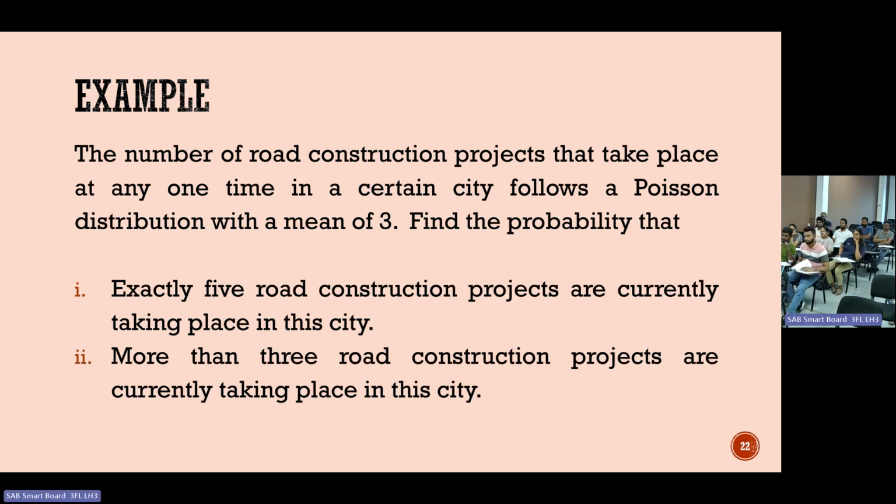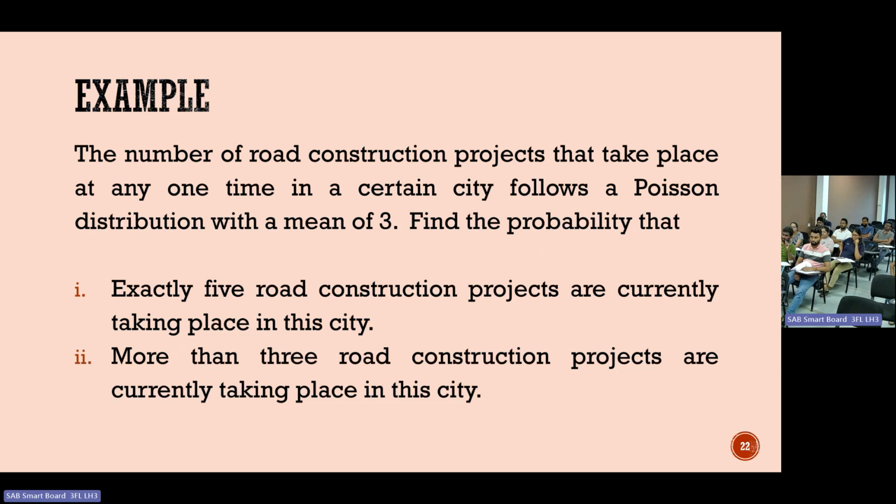Then we need a fixed period. So in this one, how do we take that fixed period? 10 minutes, 1 year, 1 month, right? Like that. How we take here? At any one time, at a particular time. So this is different from what we discussed earlier.